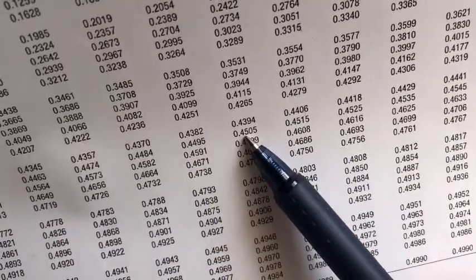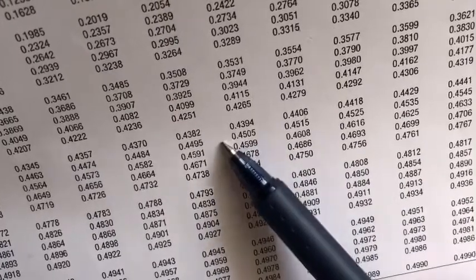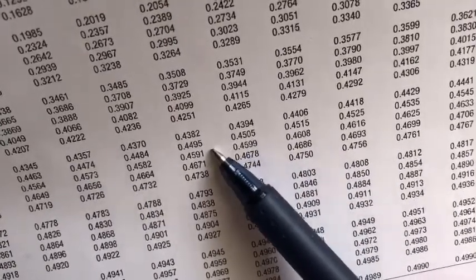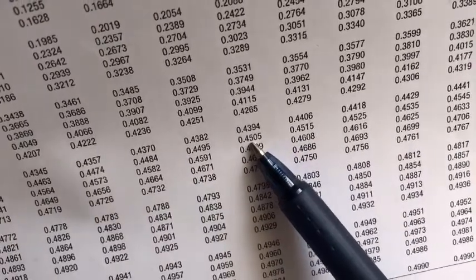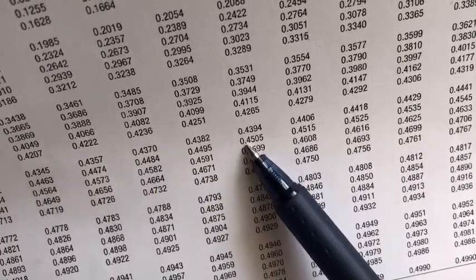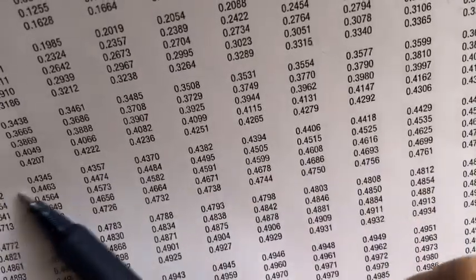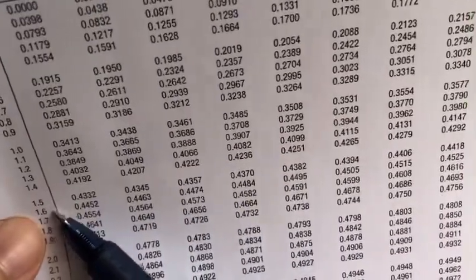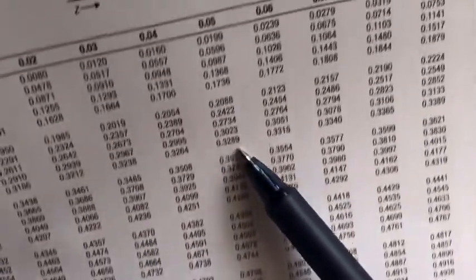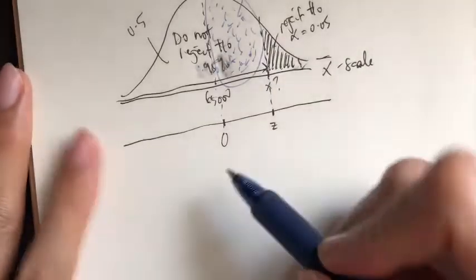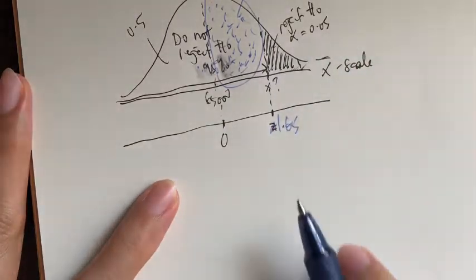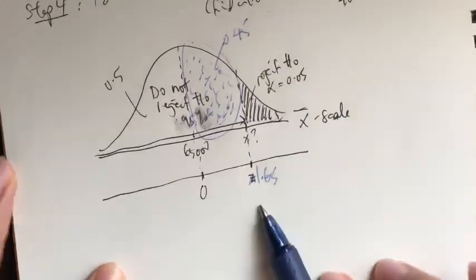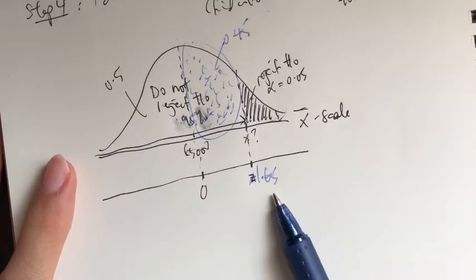Now in the event that we've got two values which are equally distant from the value that we want, we take the bigger one. Okay, so in this case 0.4505, the corresponding Z value is 1.6. Okay, let me show you 1.6, which is here, and you go up 5. So that is basically our Z value. Okay, so here is 0, so here's basically 1.65. Okay, so what is this 1.65? Guys, this is our critical value.